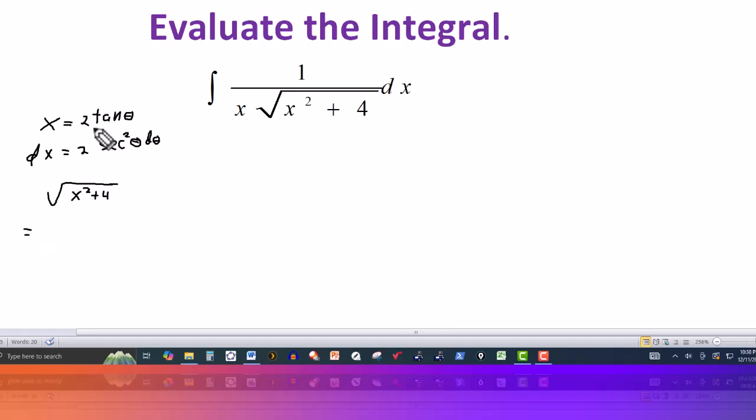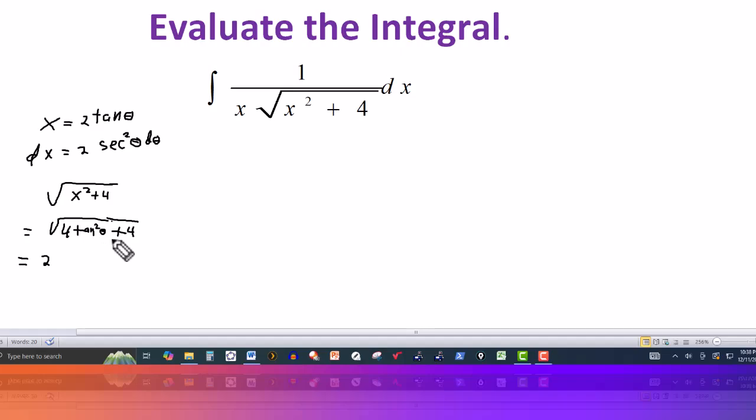Remember, x is equal, by substitution, to 2 tangent of theta. So if I plug that in for the x, 2 squared is 4. Then I square the tangent, I get tangent squared theta. And then I got the plus 4. So I can factor out a 4 from the radicand here. And that'll give me the square root of 4 outside the radical. So that'll be a 2.